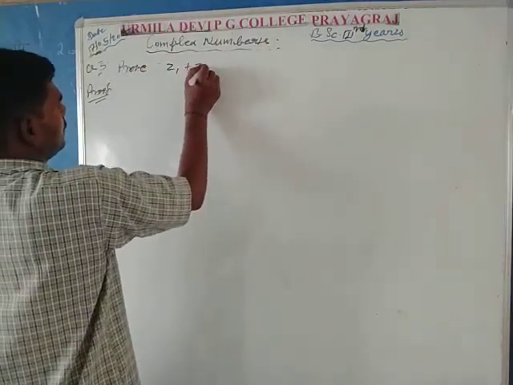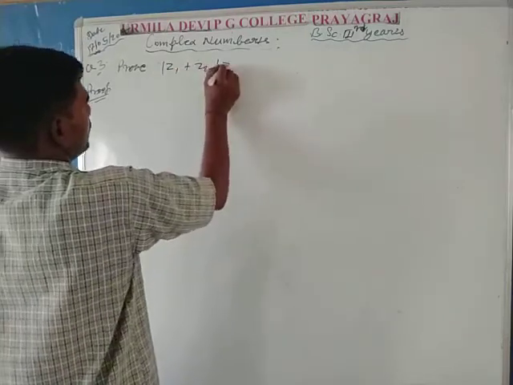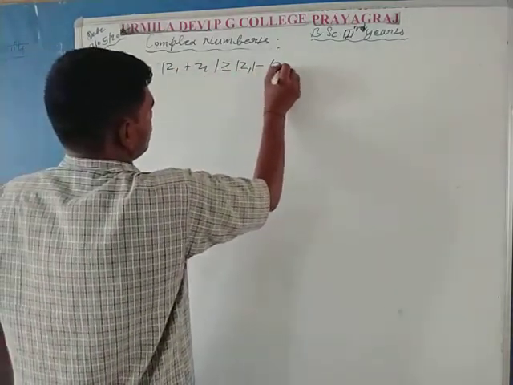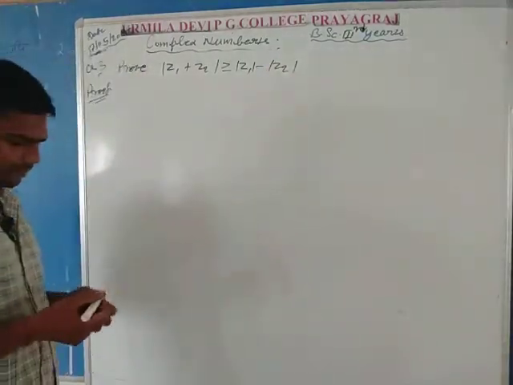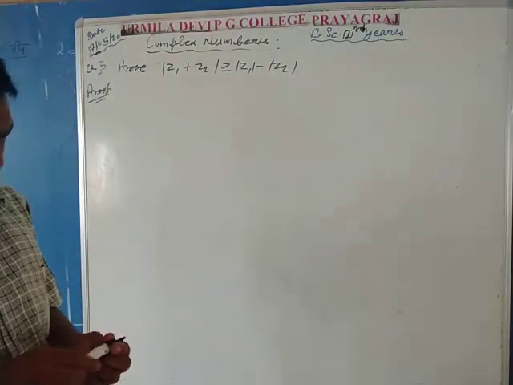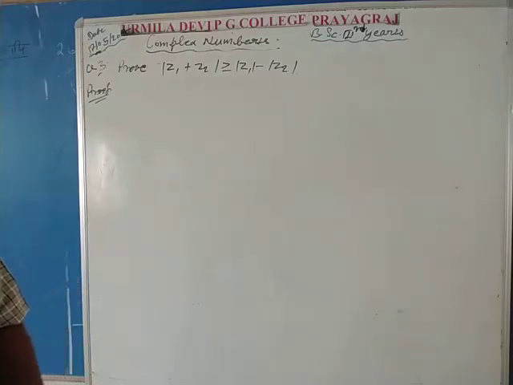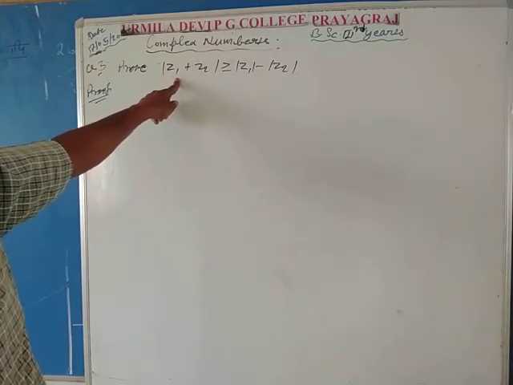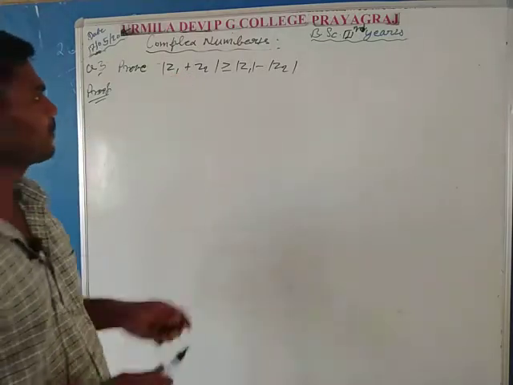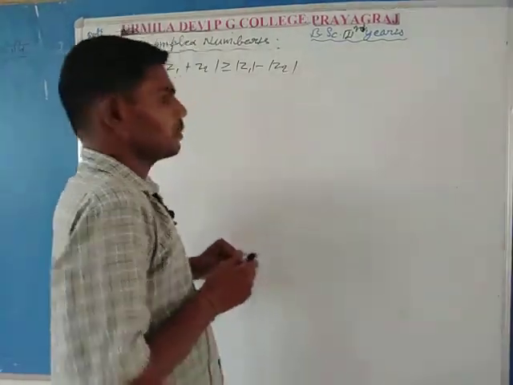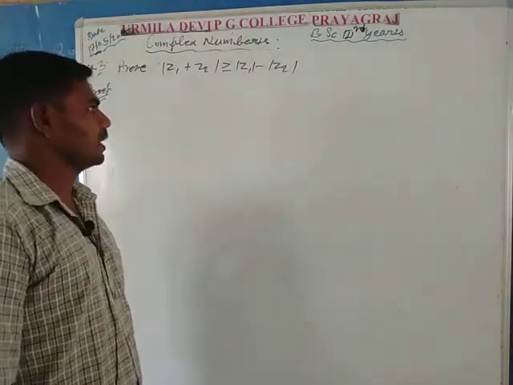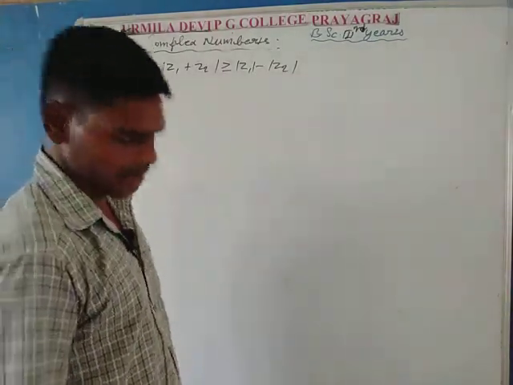|z1 + z2| is greater than or equal to |z1| − |z2|. In the third inequality, prove that |z1 + z2| is greater than or equal to |z1| − |z2|.